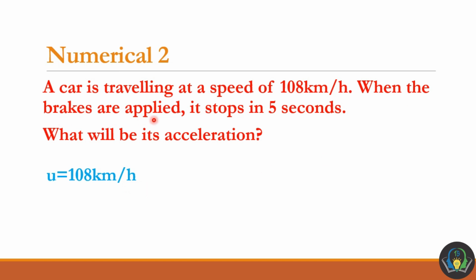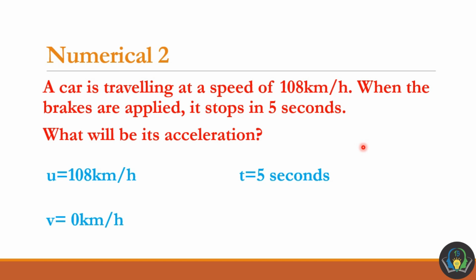When the brakes are applied, it stops in 5 seconds. Ultimately it will be reaching a rest position, and hence our v equals 0 km per hour, and the time given is 5 seconds.